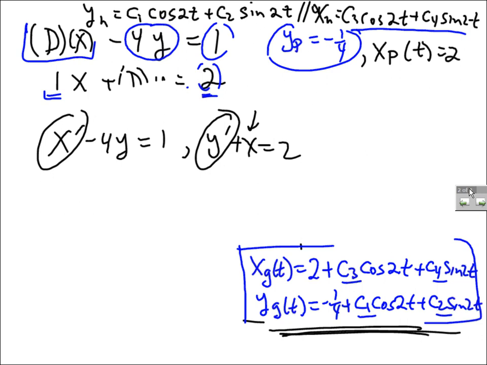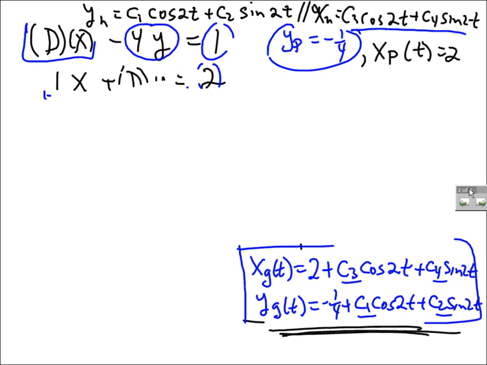This one just adds x. This one takes away 4 times y. Who wants to multiply by 4? So I'm going to use the y prime plus x equals 2 formula.